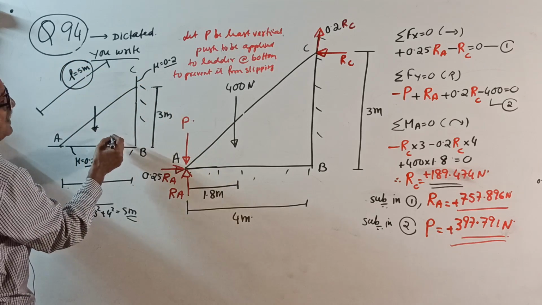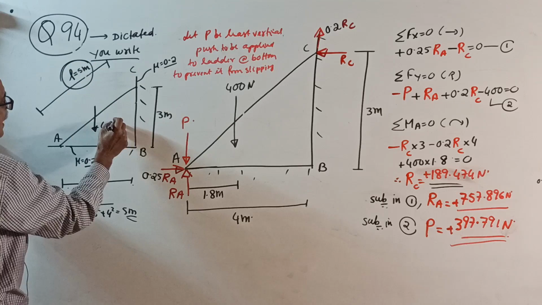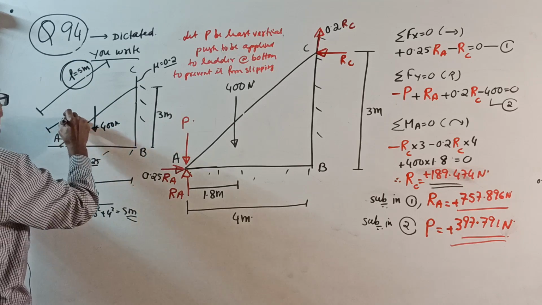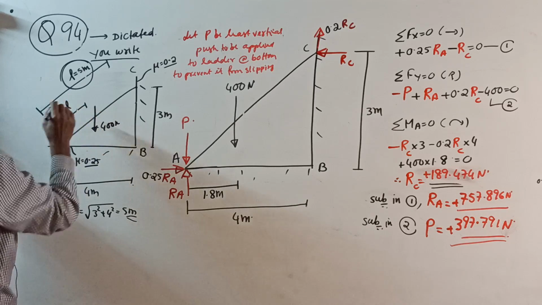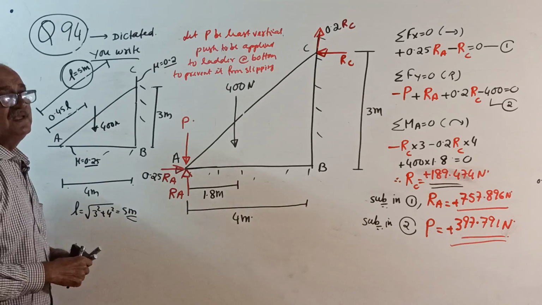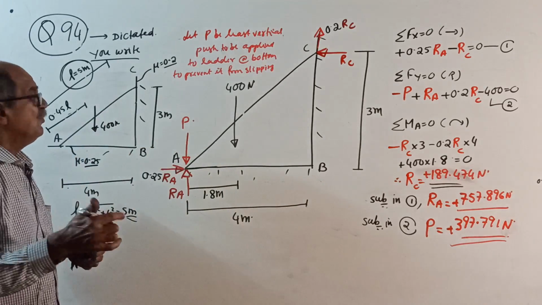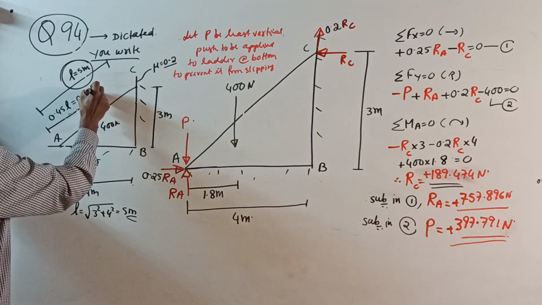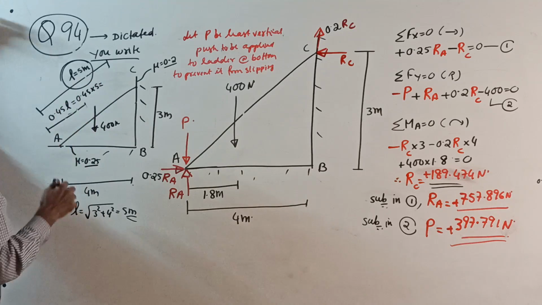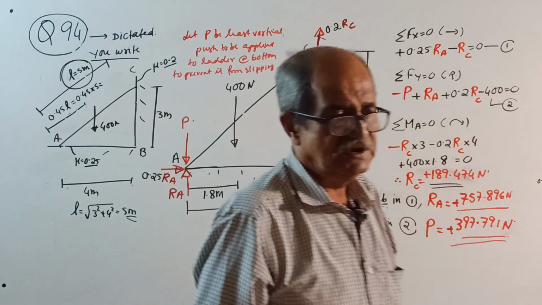Weight is 400 Newton, acting at 0.45 of L from the bottom. That is not the midpoint, a little before the midpoint.